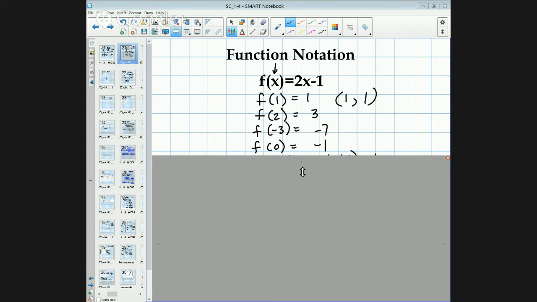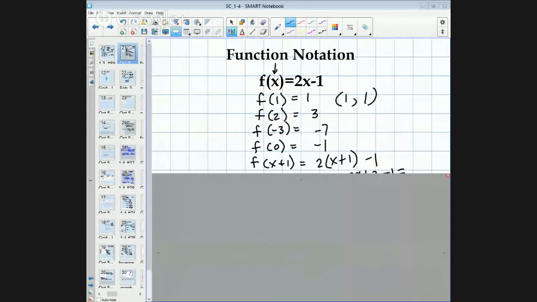So now what happens when we do something like this? Back to what I've been doing with each of these numbers in parentheses each time. Haven't I been substituting it in place of x? That's exactly what we want to do here. So this says, wherever there was an x in the original formula, now you need to put an x plus 1.